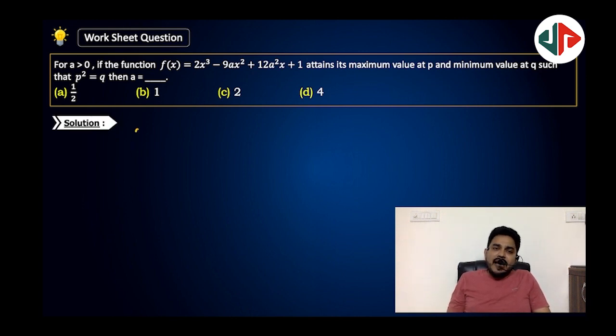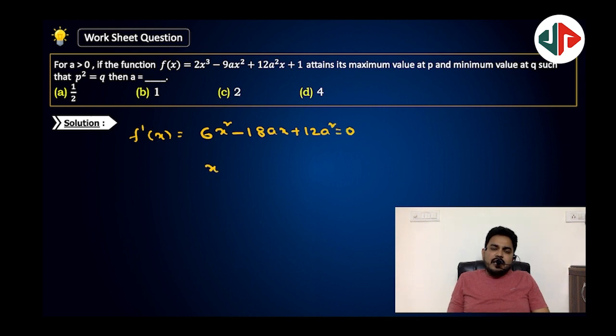So f dash of x is needed. 6x square minus 18a x plus 12a square should be equal to 0.